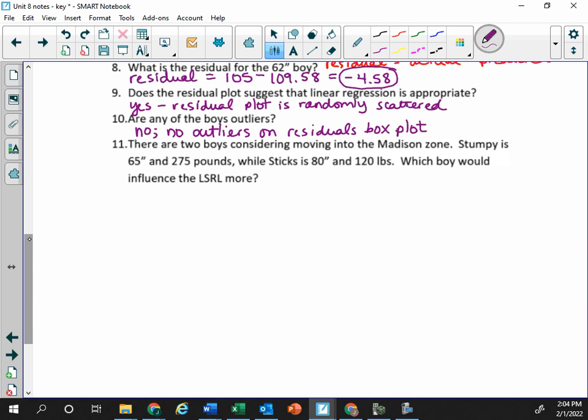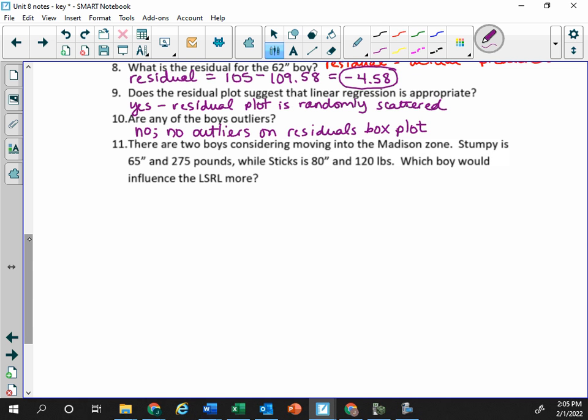And so you can't make a box plot of two variables at once, but the residual tells you how far away someone's actual weight is based on the prediction that you would get from your line of best fit. So that's why we use the residuals, because the residual tells you how unusual that person's ratio is compared to what we would expect with our line of estimate. Does that make sense? Okay.